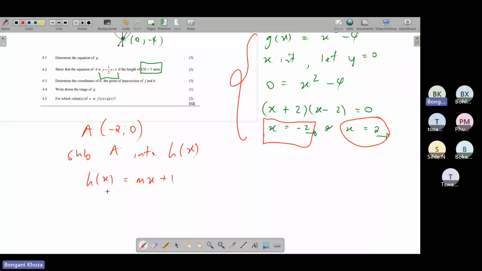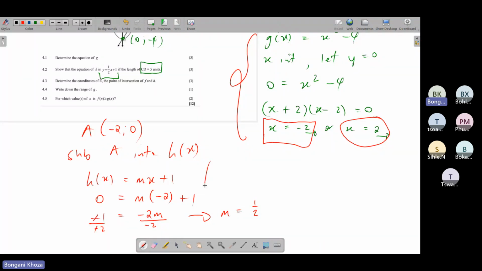Then I can take this plus 1 to the other side, it becomes minus 1. I have minus 2m, and I'm looking for m. I can divide by minus 2 both sides, and I end up getting that my m value equals 1 over 2. It will be positive 1 over 2 because that negative and that negative will cancel out.